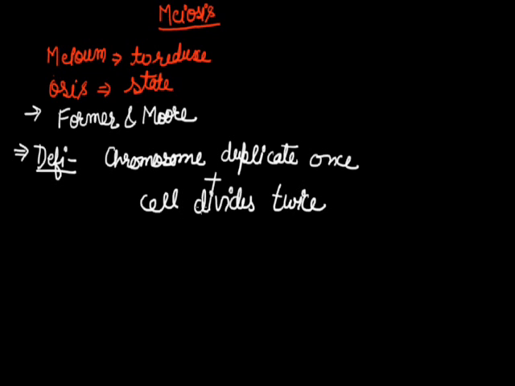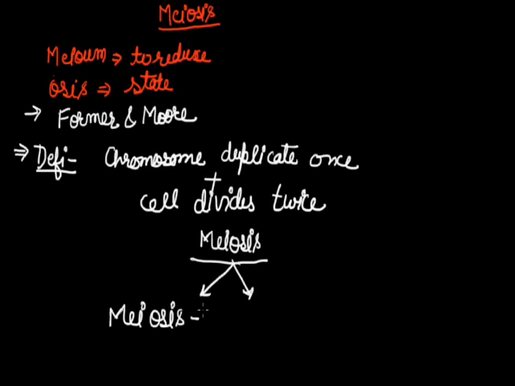So here basically the cell is going to divide two times, and because of the process of two times cell division, meiosis can be further divided into two types. The first one is called meiosis 1, while the second is called meiosis 2.